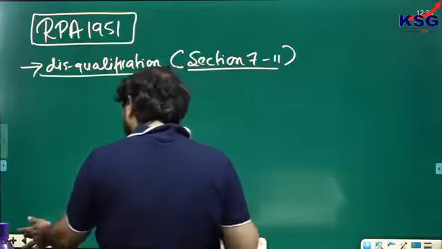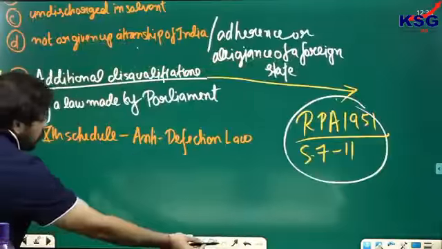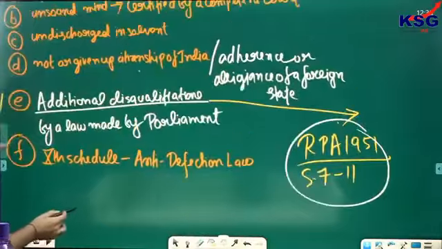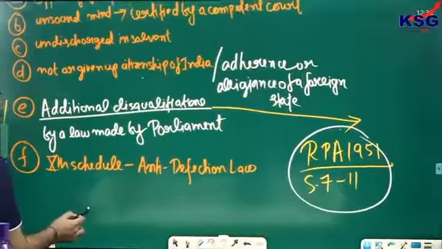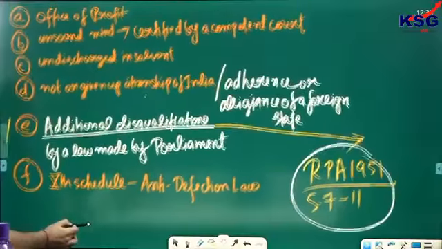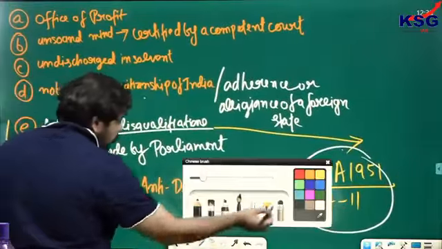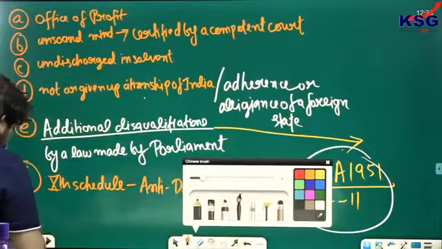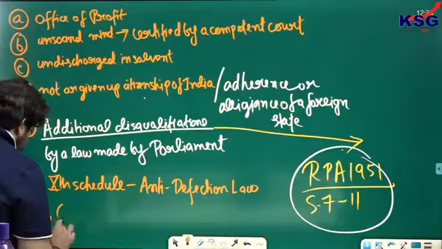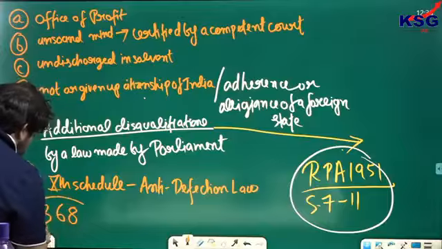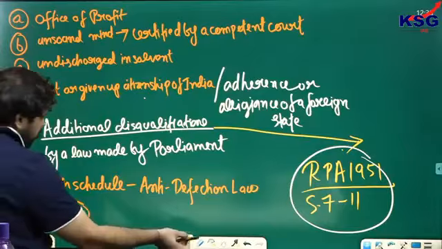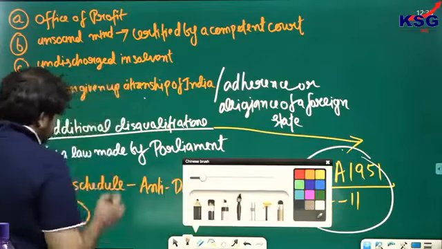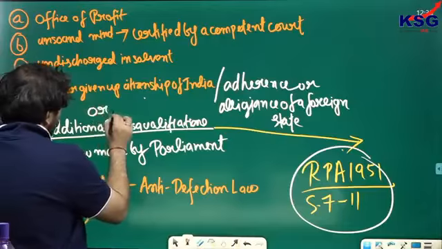Please remember that if any of the things which are mentioned in orange have to be amended, they can only be amended by Article 368. If a provision under orange has to be taken out, then it can only be amended by Article 368. But if a provision under white is to be amended, it can be amended by an ordinary law.